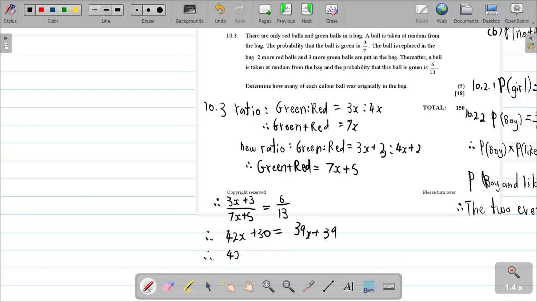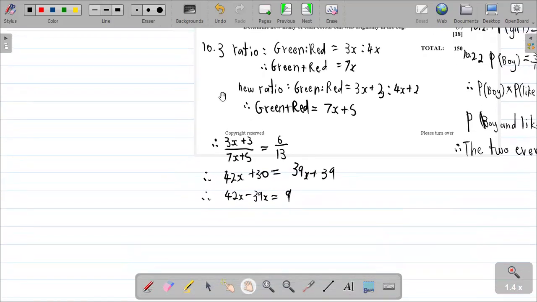So it's going to be 42x minus 39x equals 9. If we minus here, it's going to be 3x equals 9. So it means therefore x equals 3.